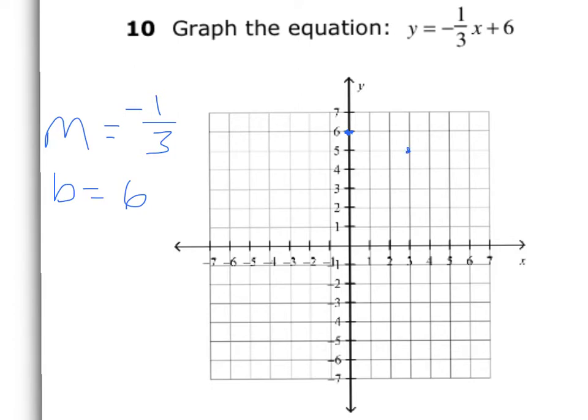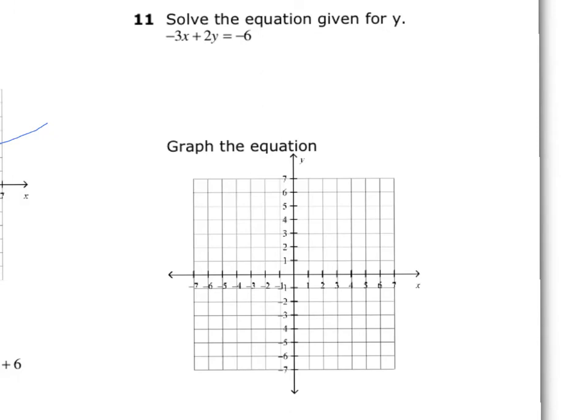And then from that point, we'll go down another 1 over 3. And we would run out of space if we tried it one more time. So we will now go backwards. So we're going to go up 1 and backwards 3. And we would run out of space again. So we will connect the dots. That's the line that represents that equation.